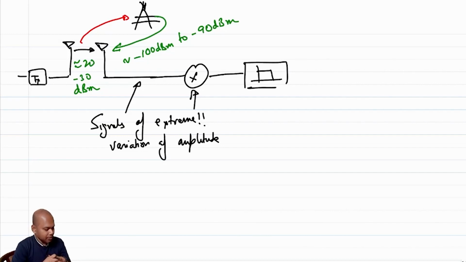Which essentially means that we have to take care that large amplitude signals, especially when they are unwanted, do not come in. So if we have to do that, we have to put some sort of filtering before the mixer, right? And that filtering cannot be done with anything which constitutes a transistor, right?